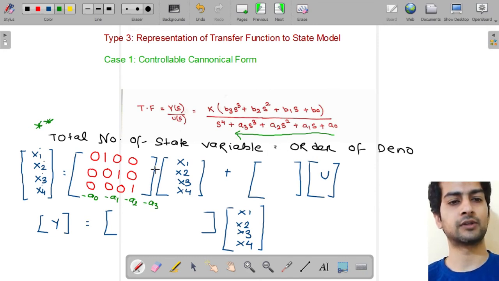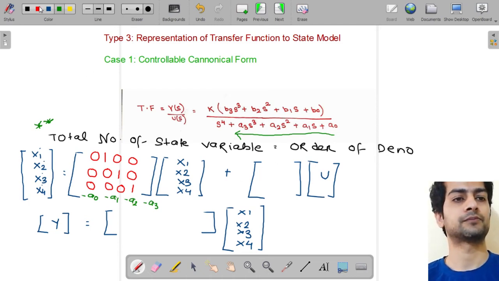You can write it properly, but see what I am trying to say. For the last row, always take the coefficients of the denominator in reverse direction with opposite sign. So minus a0, minus a1, minus a2, minus a3.